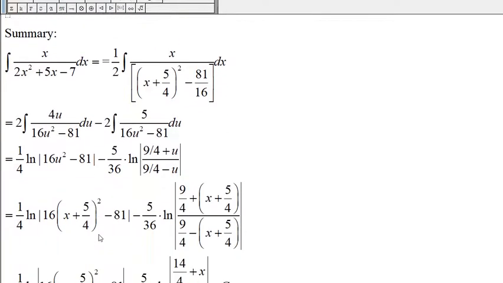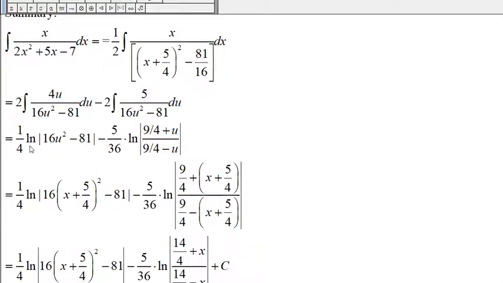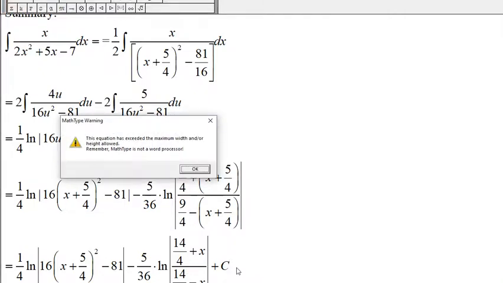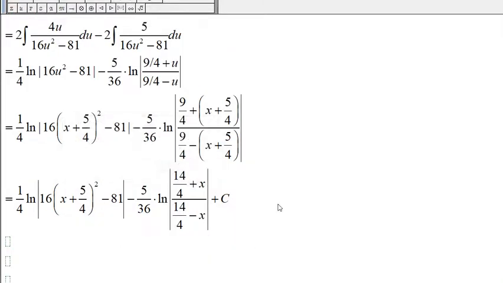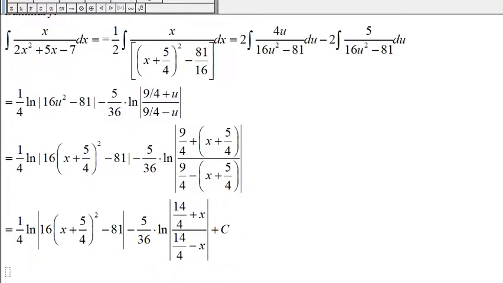And so the final answer, in summary, the original integral is equal to all of this. So first we did completing the square, and from here we get to this step.